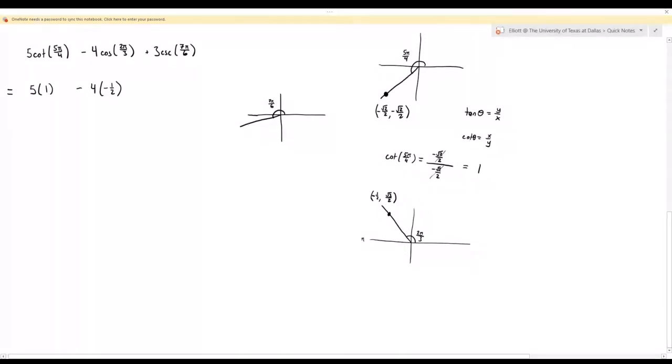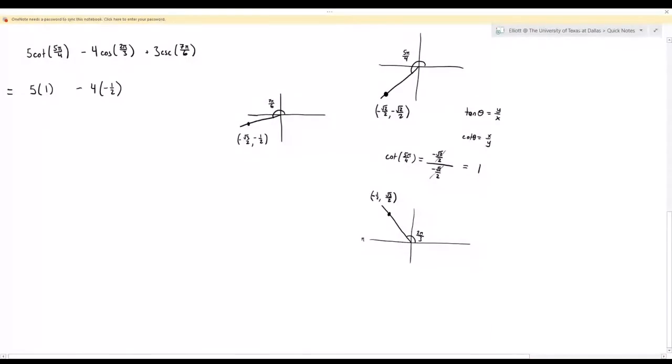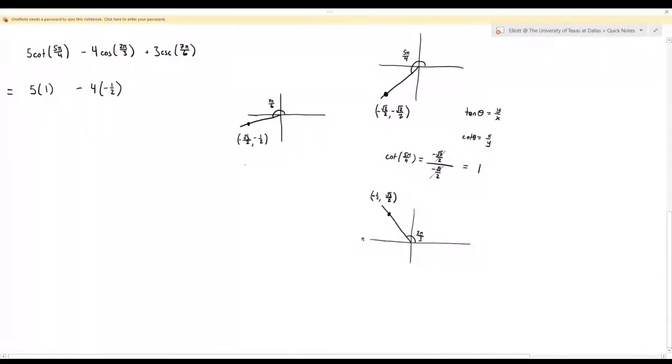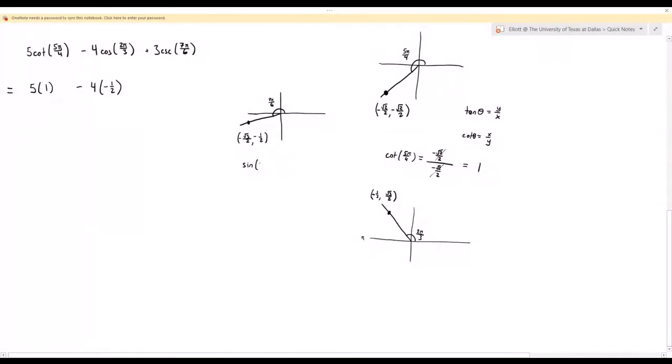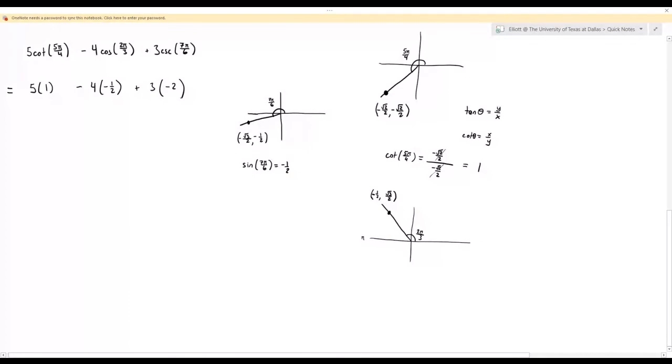And for the pi over 6 angle, the x is √3 over 2. The y was 1/2. And then in the third quadrant, they'd both be negative. Now I know that sine is the y-coordinate. So sine of 7 pi over 6 would be negative 1/2. But cosecant is the reciprocal of sine. So it would be negative 2 over 1, or just negative 2, okay?